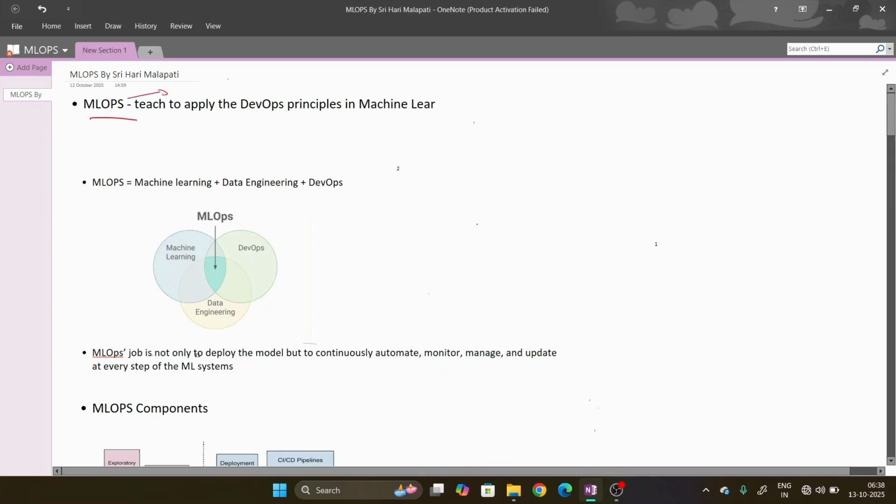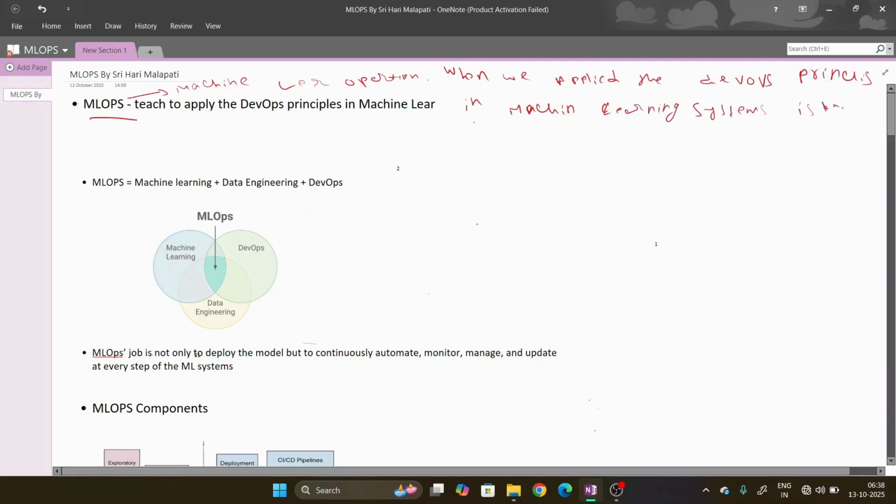MLOps means machine learning operations. It is when we apply DevOps principles to machine learning systems, which is known as MLOps.